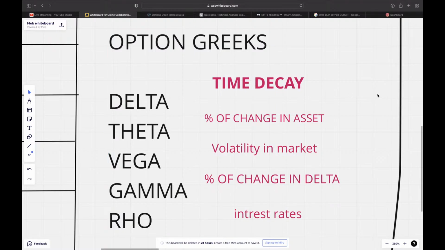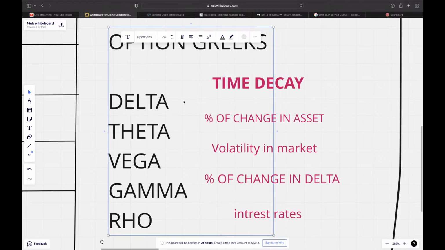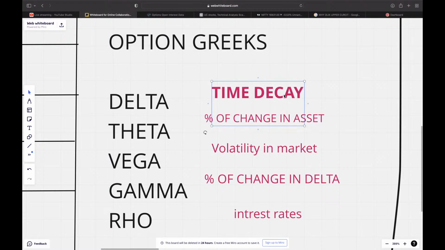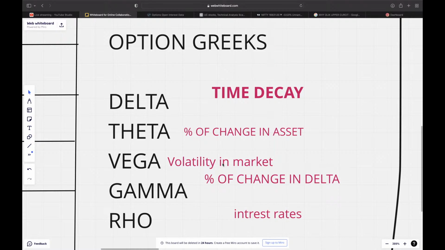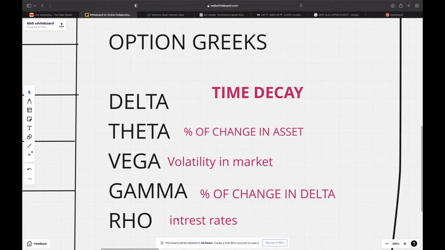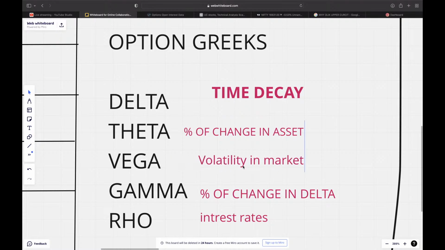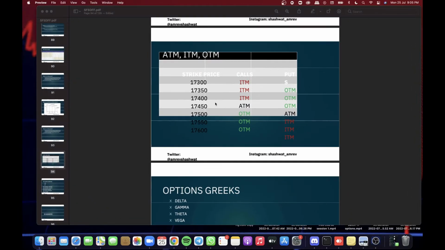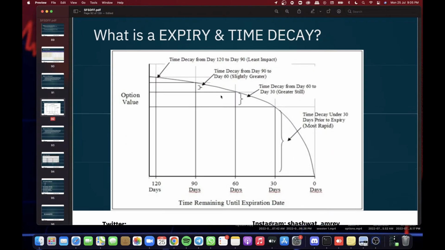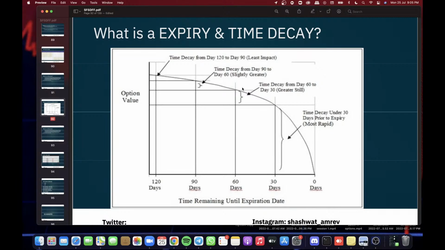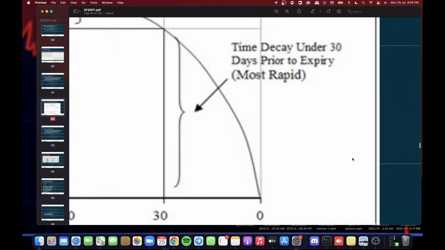Let's learn first, okay? Option Greeks. Delta is known as time decay. So the decay of time comes under delta. So you would know in option selling, when you sell options, you have seen the expiry graph, right? In the last session, I taught you about this graph, which is known as the expiry time graph, where the contracts are produced 120 days ago and it expires after 120 days on the Thursday.